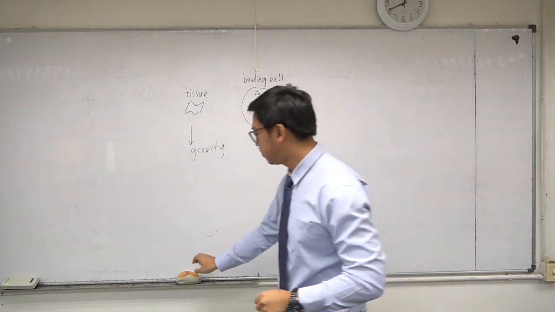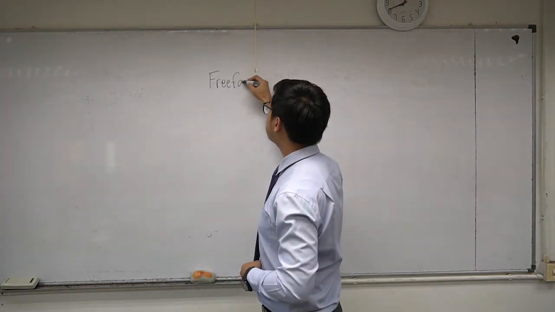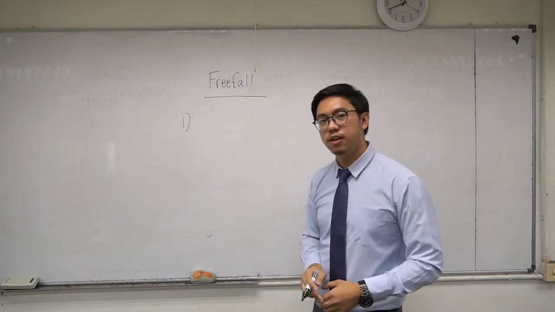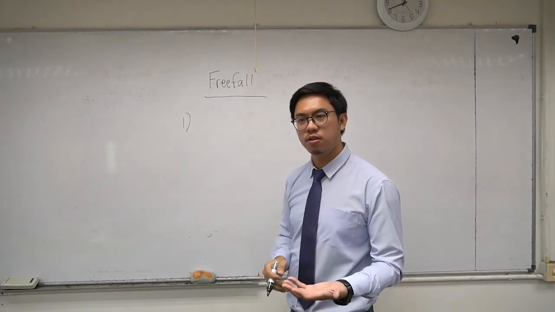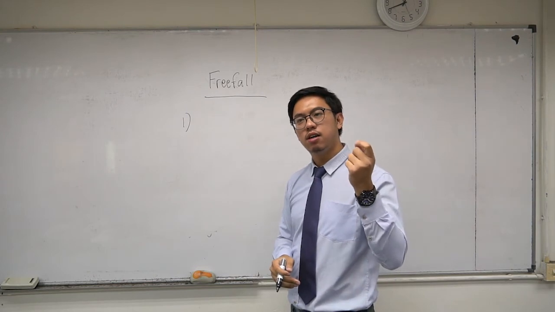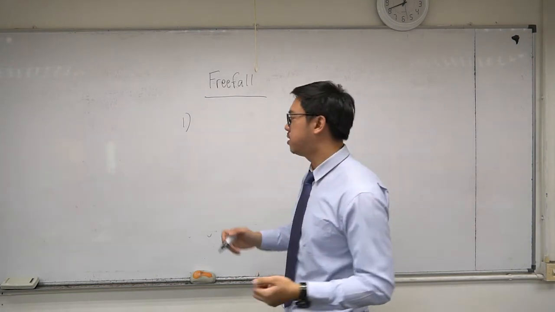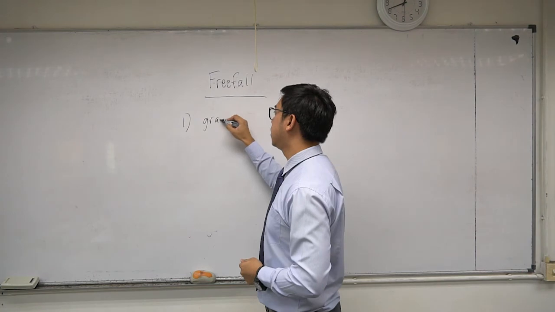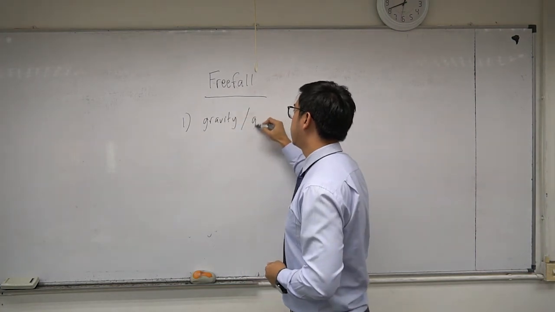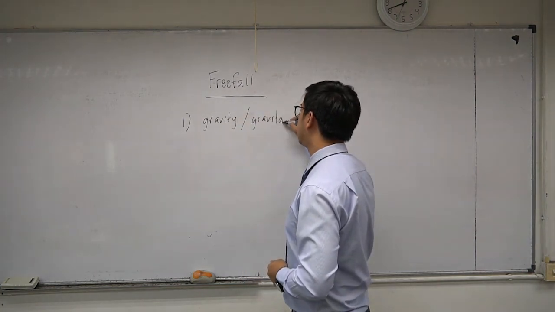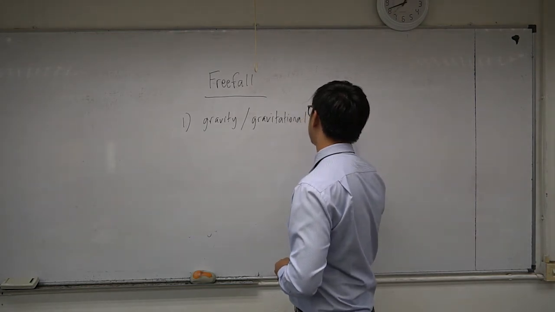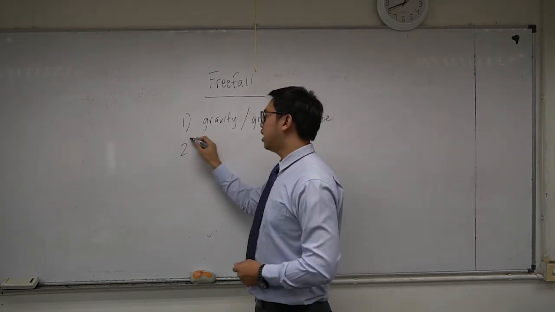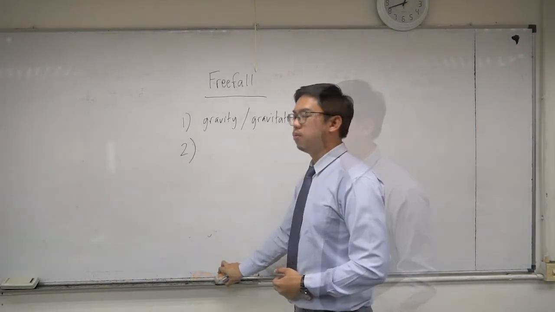we learned about free fall. The first thing we learned in this video is the name of the force that is acting on a falling object. The name of the force is gravity, or gravitational force. The next thing we learned: what is free fall?